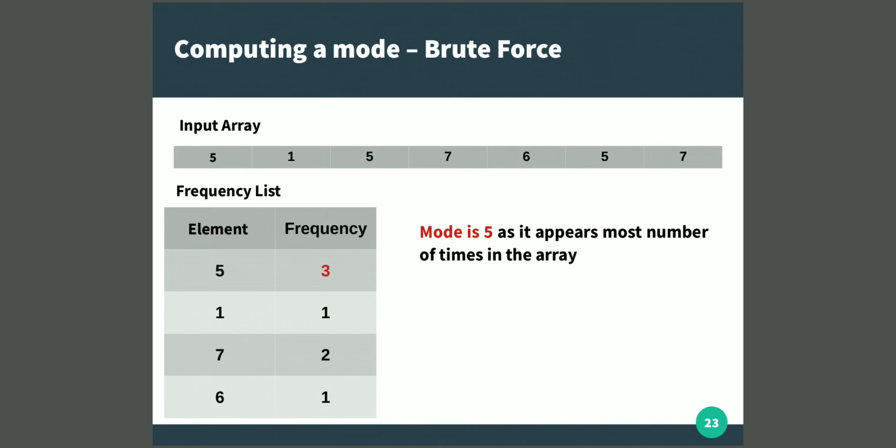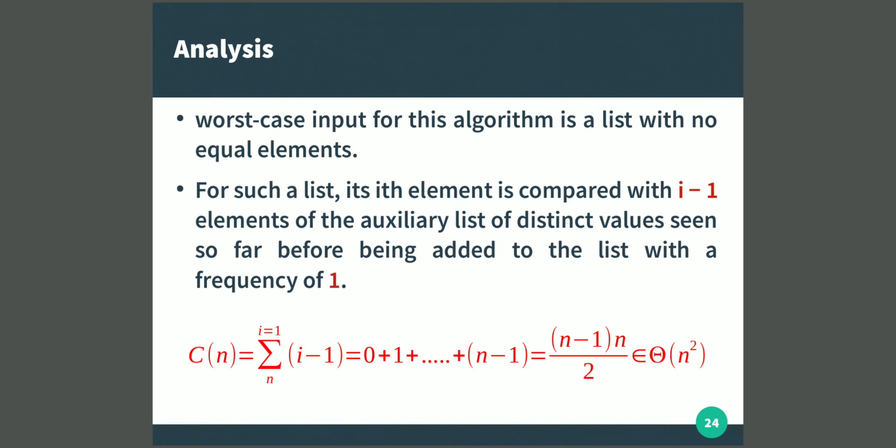mode of an array. So if we look at the analysis part, let's consider the worst case. What forms the worst case input? In this case, the worst case happens when the list has no duplicate elements or no equal elements. So all the elements are distinct.